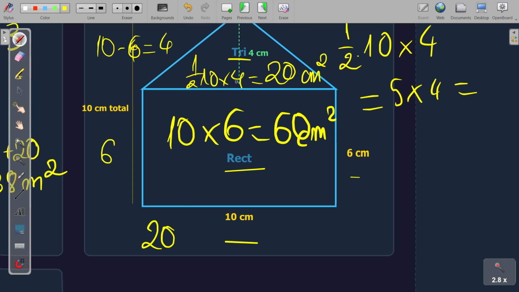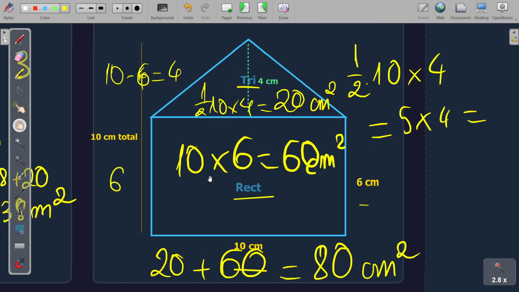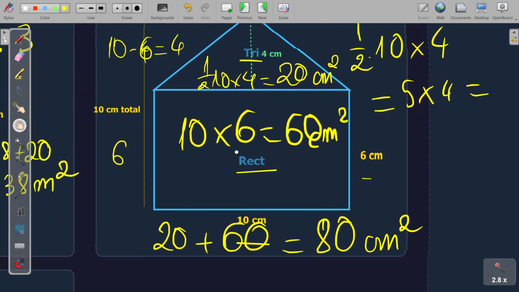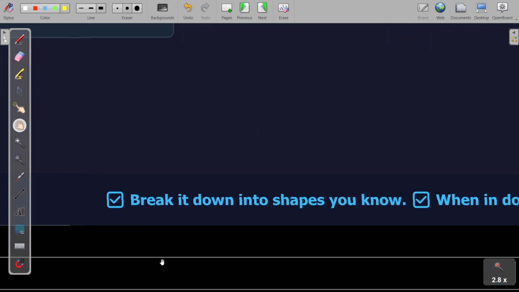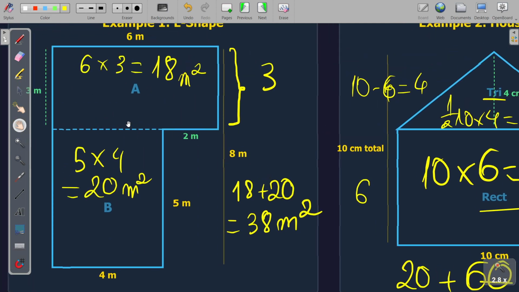So 20 above here plus 60 here, this will give us 80 centimeters squared, and that should be correct. If you want to double check, then of course you can divide this into whatever kind of shape that you want, but again, break it down to shapes that you know. When in doubt, draw these jagged lines out.